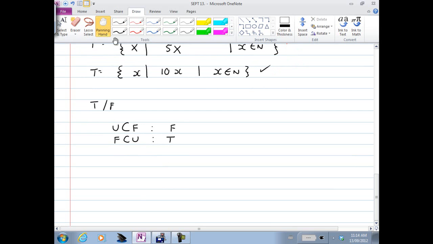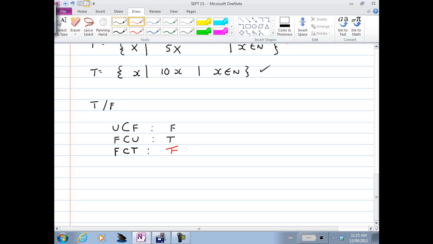A bit more challenging. F, T. Is F a subset of T? T is multiples of 10. So they're saying, is something a multiple of 5 a multiple of 10? The answer is false.